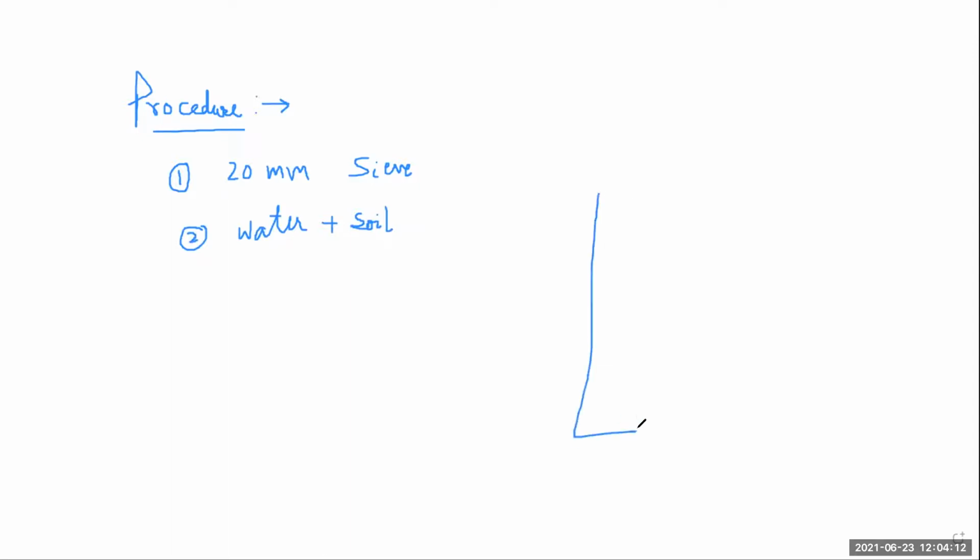So basically this is our rammer, and the weight of this rammer is 2.6 kg. With this 2.6 kg rammer we give 56 blows on each of the three layers, and the height of free fall is 310 mm.